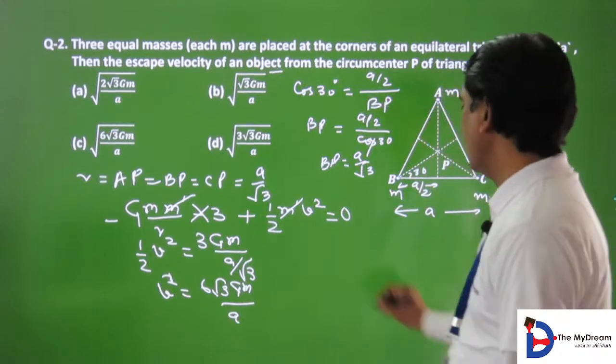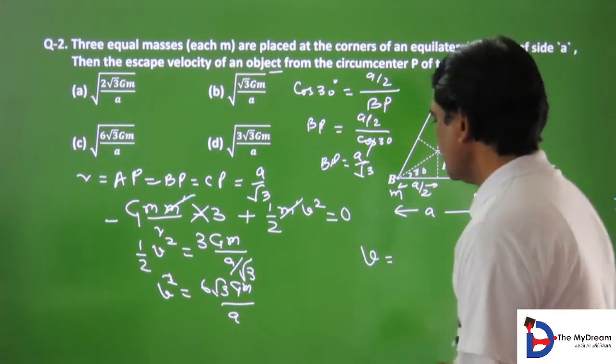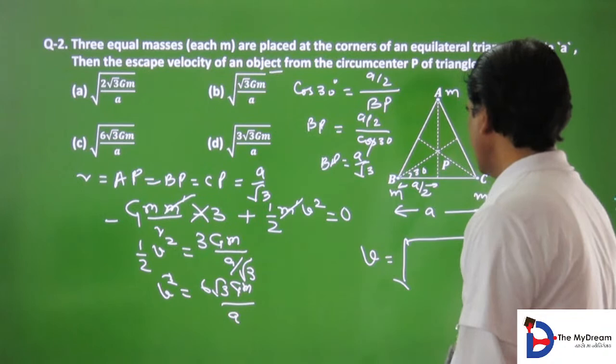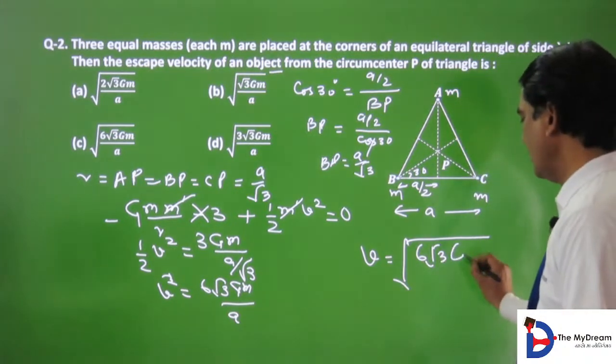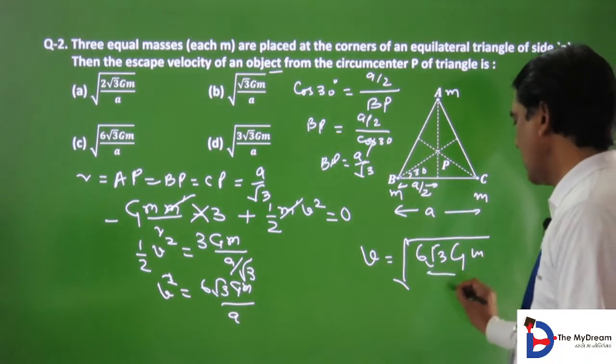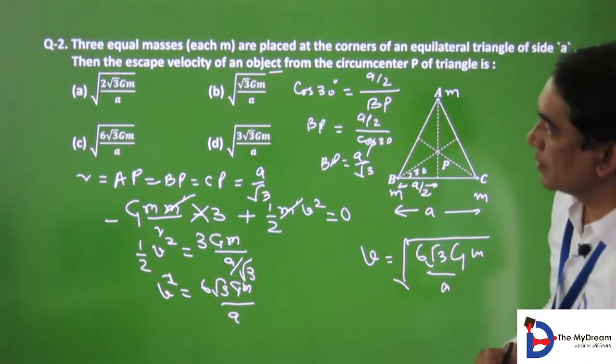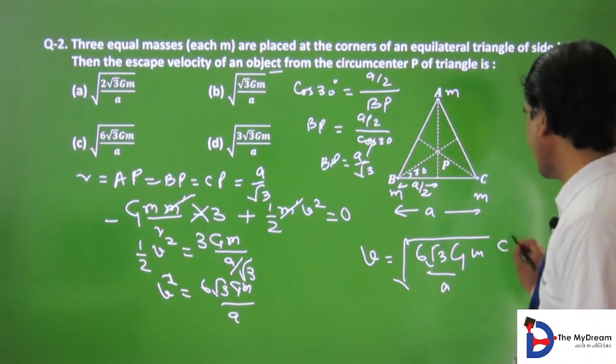Then you will get v is equal to under root 6 root 3 Gm by a. So the C option is correct.